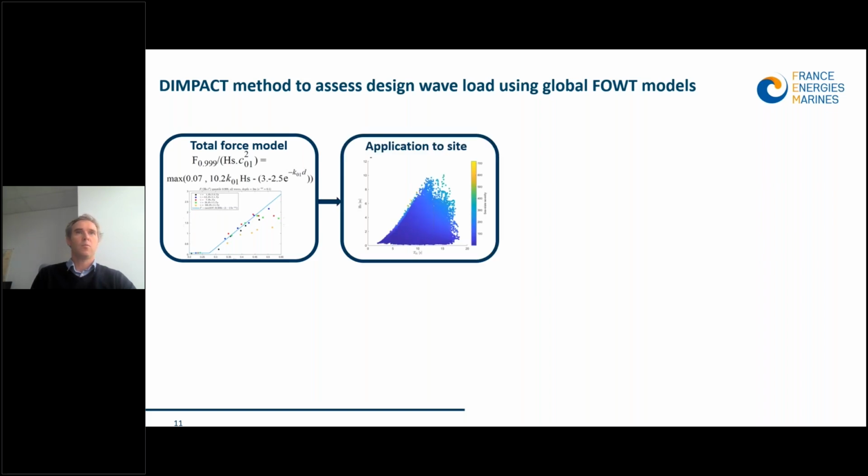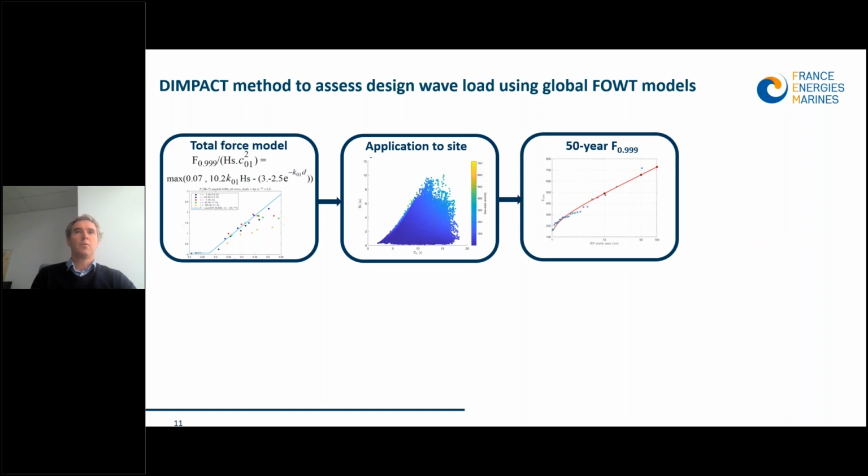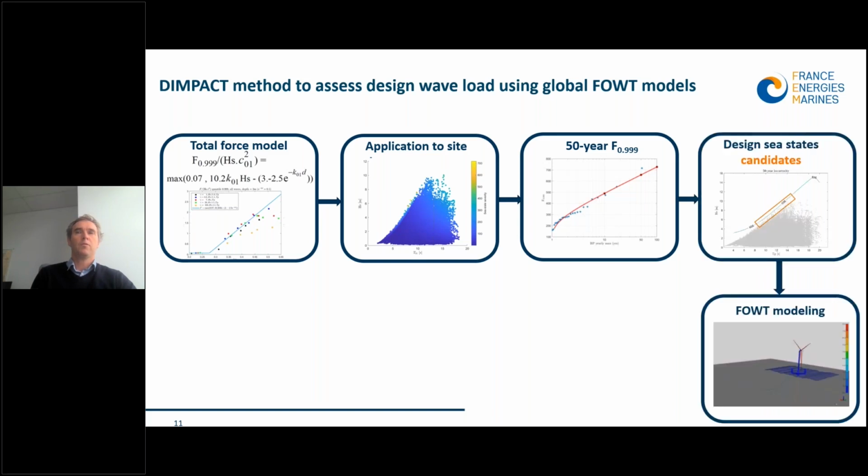Then we can apply this load model to the climatology of the site of interest, to obtain this kind of distribution, from which we can derive the 50-year return value of the slamming load or the wave load potential on the site, which enables us to derive the design sea state candidates that should be played within the FOWT model.